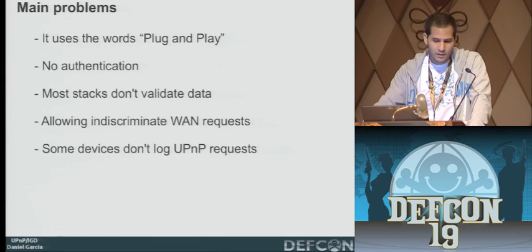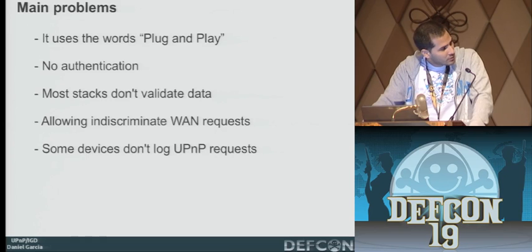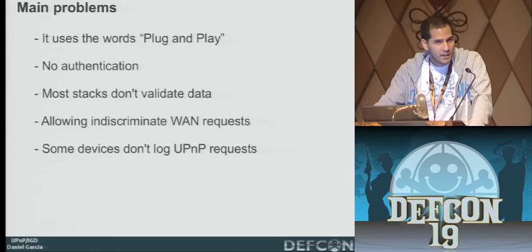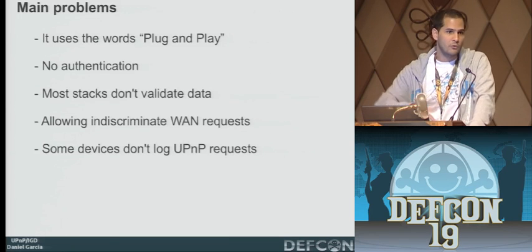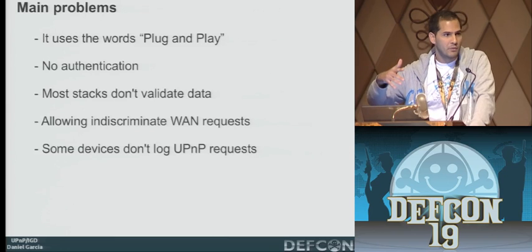After that, the other problem is that most stacks do not validate data. What we mean by this is that UPnP was designed for LAN use only, and that's not true, unfortunately. Not only that, port mappings were designed to work for internal hosts that wanted to traverse the net and add port mappings.